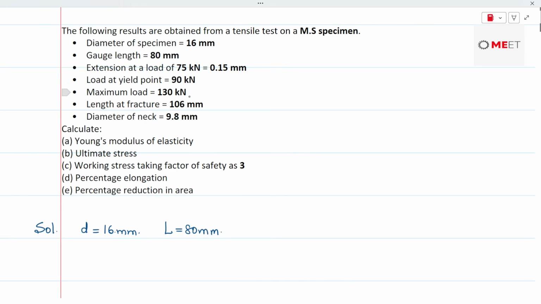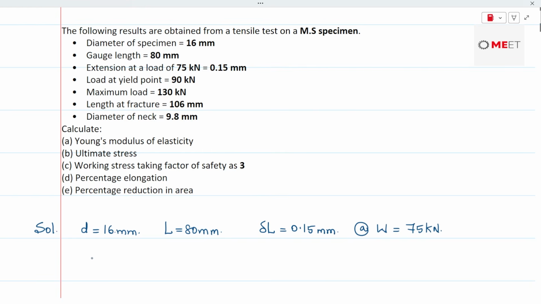Extension at a load of 75 kilonewton, that is delta L, is equal to 0.15 mm at a load W equal to 75 kilonewton.